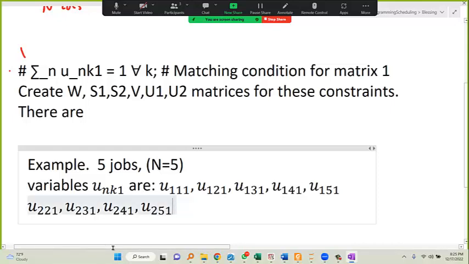What are the rest of the U variables? And we also have U3.